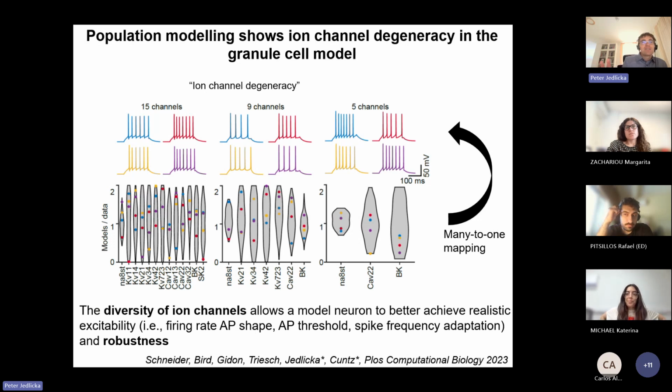So one answer would be that this diversity of ion channels allows a model neuron to better find the valid performance space. I'm not showing this here, that's in another panel. But what I want to show here is that these 15-channel models were more robust than 5-channel models, and that's maybe not so surprising.